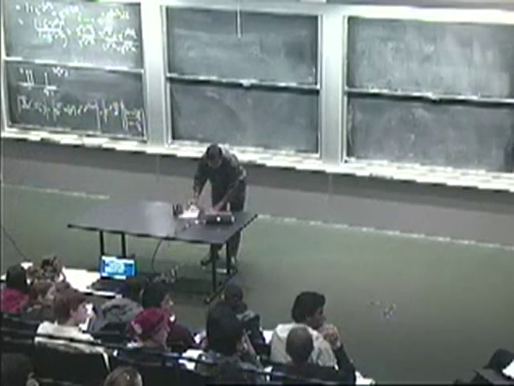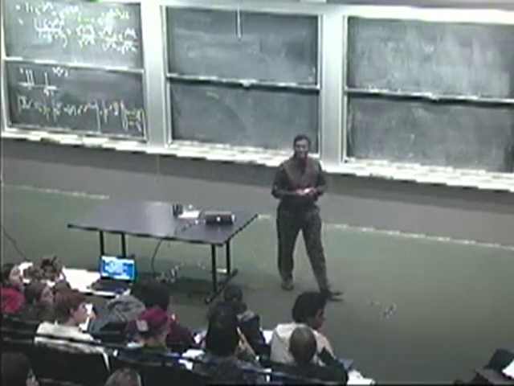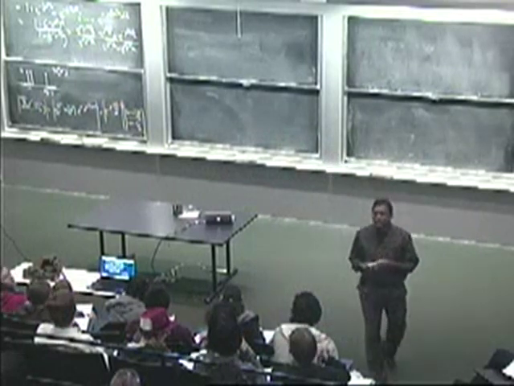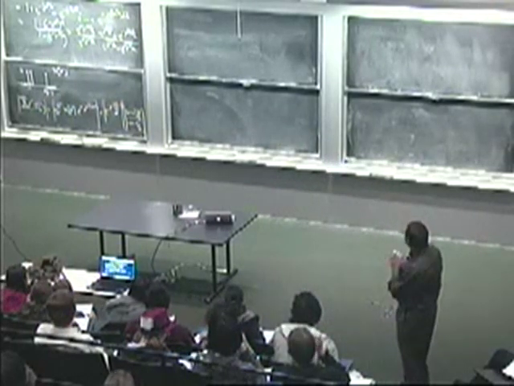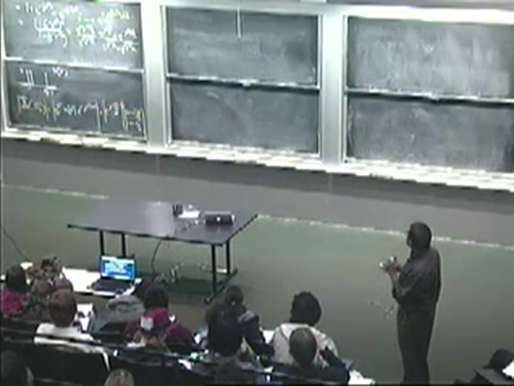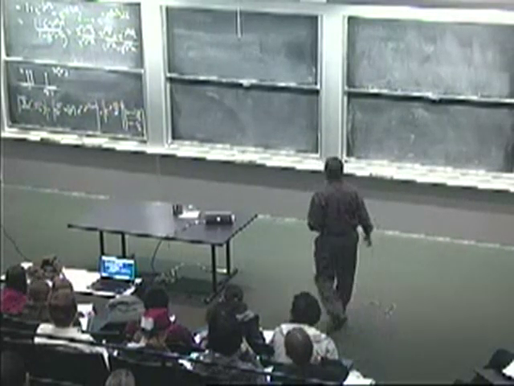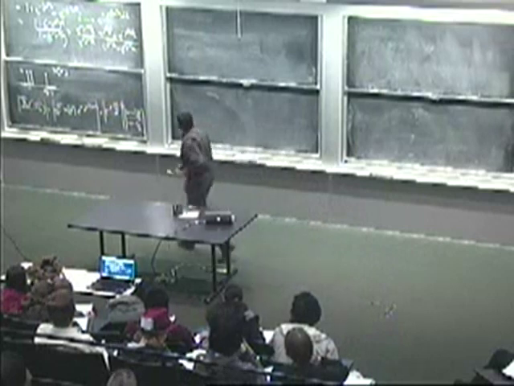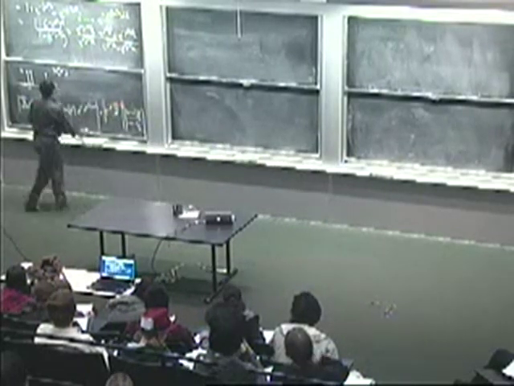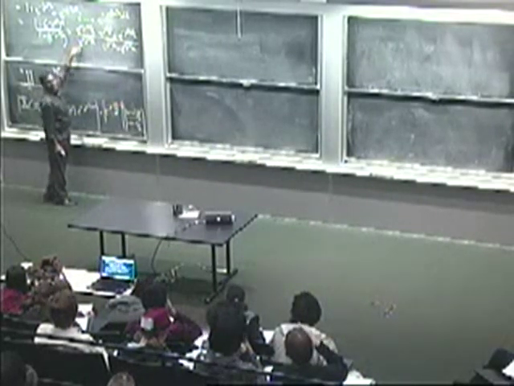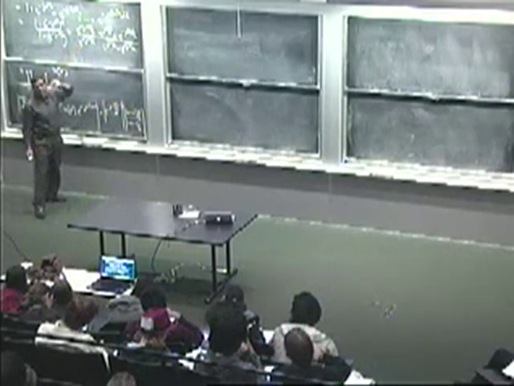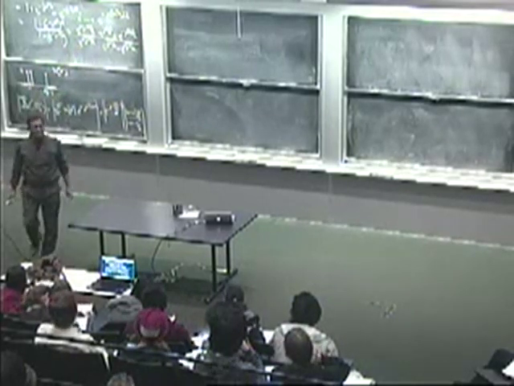Okay? Question. Sorry, say that again. Why did we go from minus e to the minus j omega n to minus e to the minus j? Did I make a mistake somewhere here? Oh, this thing? This term here? I was trying to combine numerator and denominator here. Which part?